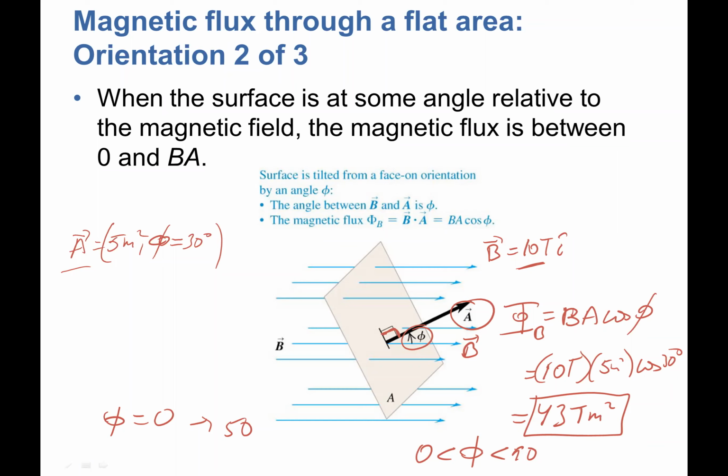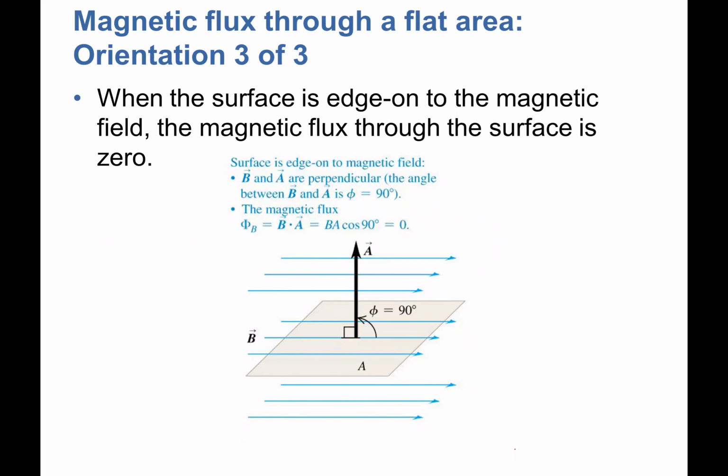All right, so what happens when you increase the phi all the way so that the surface is parallel to the magnetic field? Your surface is parallel to the magnetic field, but then you can see vector area A here is perpendicular to the magnetic field, okay?